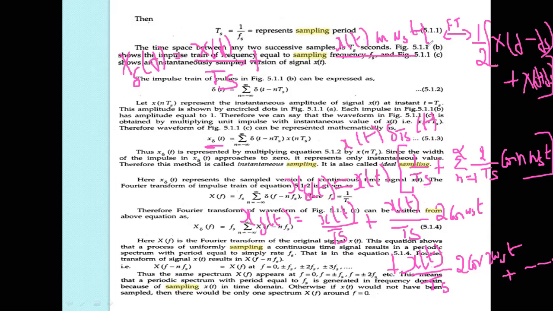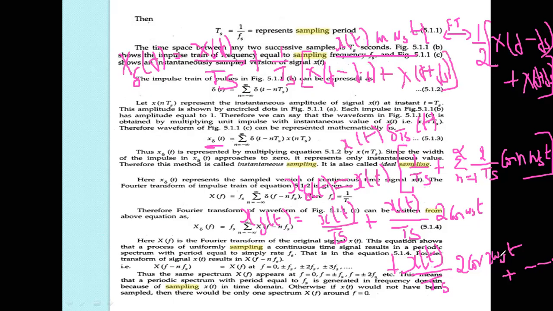These are the Fourier transformation of x of t cos omega s t. So x of t by Ts is there, then we get 1 by Ts. The 2 is already there, so the 2 gets cancelled: X of f minus fs plus X of f plus fs.